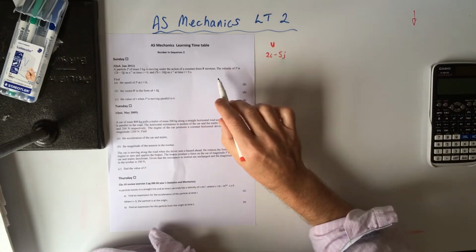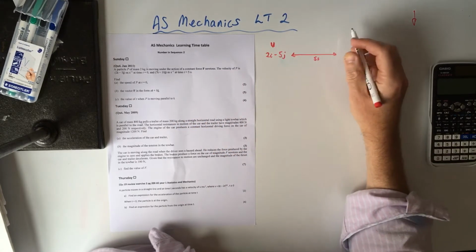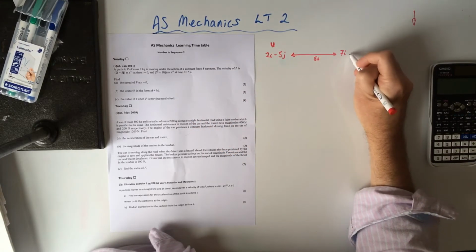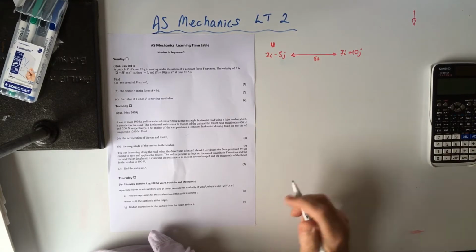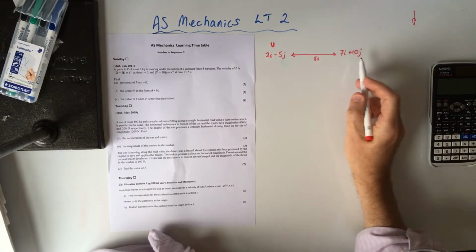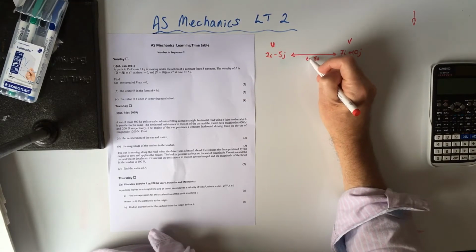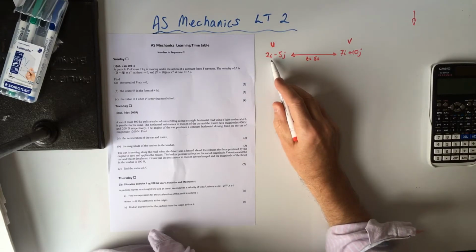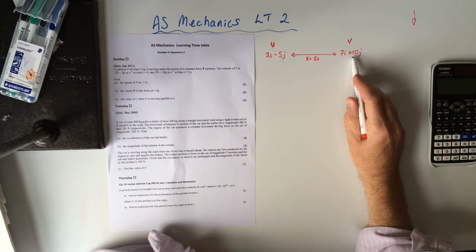And then 5 seconds later, it's travelling at 7i plus 10j. That's what it's doing 5 seconds later. So you can see that in this 5 second gap, the velocity has changed from 2i minus 5j to 7i plus 10j.